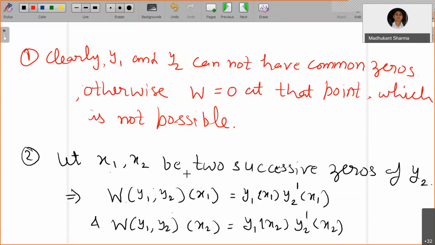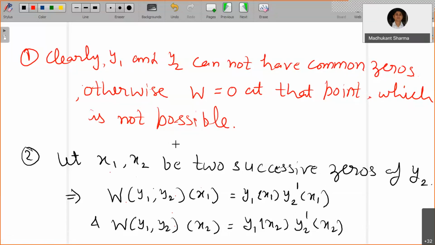Now, W has constant sign over the interval x1 to x2. That's very sure. Next, x1 and x2 are two successive zeros of y2. What does that mean? It means that y2 dash at x1 will be increasing and y2 dash at x2 will be decreasing, or vice versa. That's the only possibility when you have two successive zeros of y2.